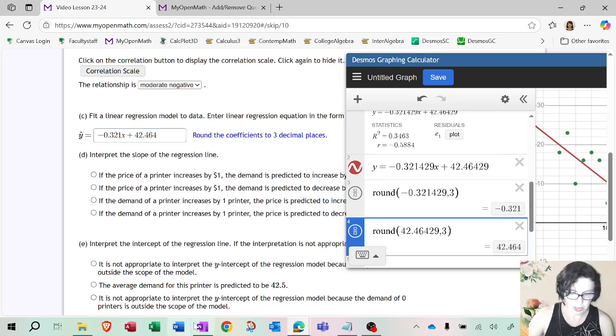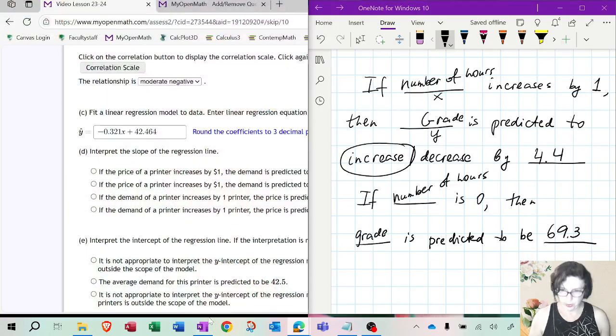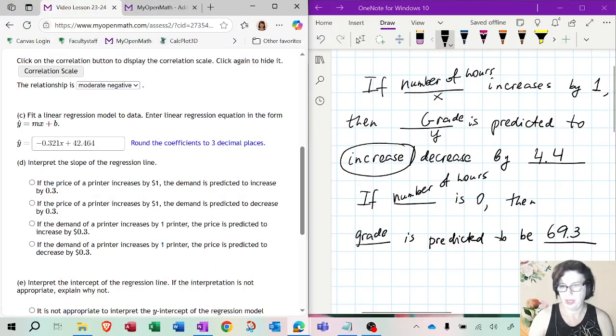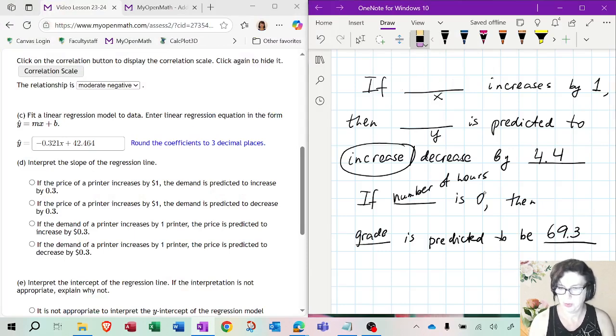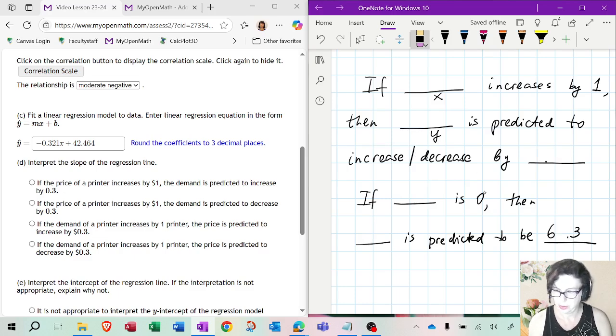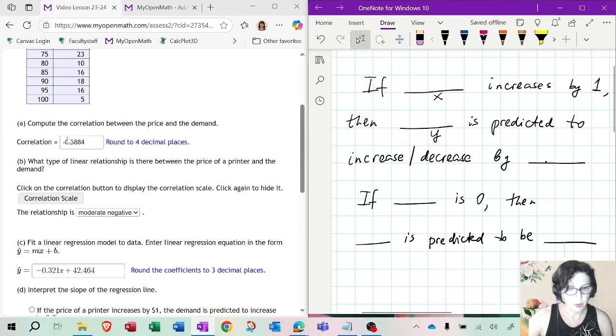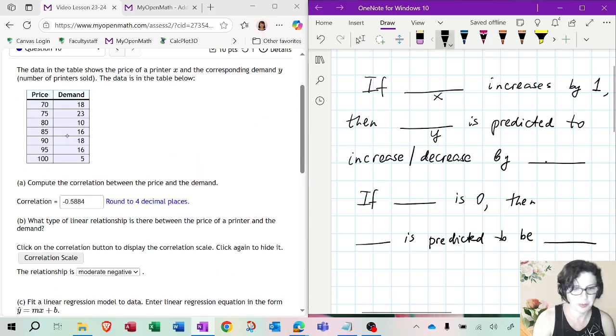Now, to interpret it, what are we going to do? Here I was already using this example, but I'm just going to erase what I had, and then we're going to modify it to fit the specific example. So here, what is our x? Our x is price, because that's the first column in the data.